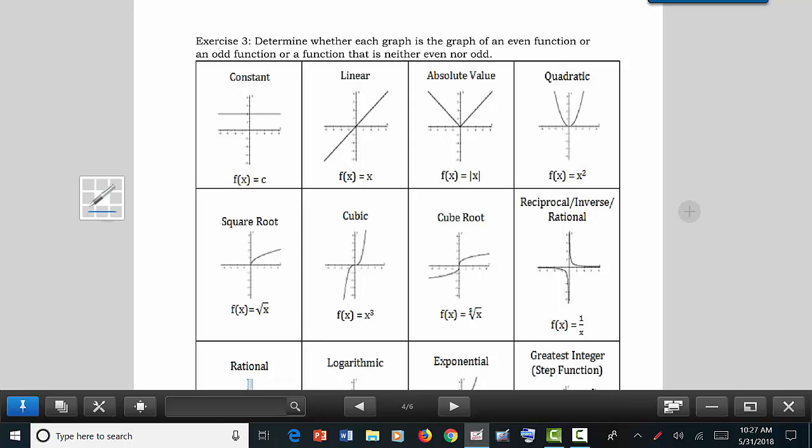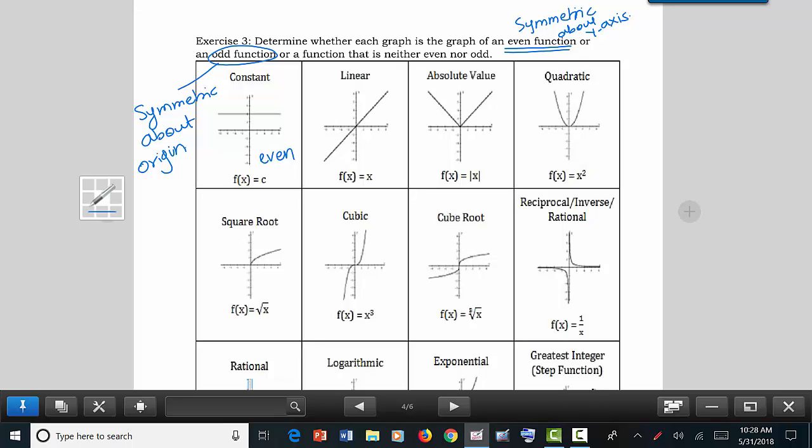An even function is symmetric about the y-axis, and an odd function is symmetric about the origin. So here this function is symmetric, so it is an even function.